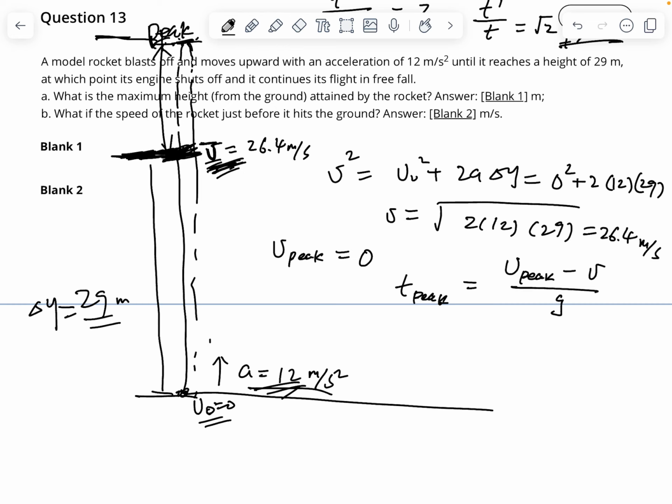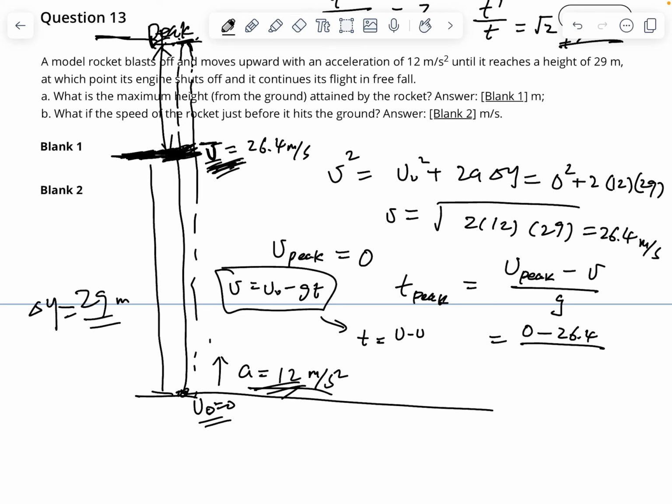We use the equation v equals v naught minus gt. So t equals v minus v naught divided by negative g, with g equal to 9.81. So this is the time to reach the peak.